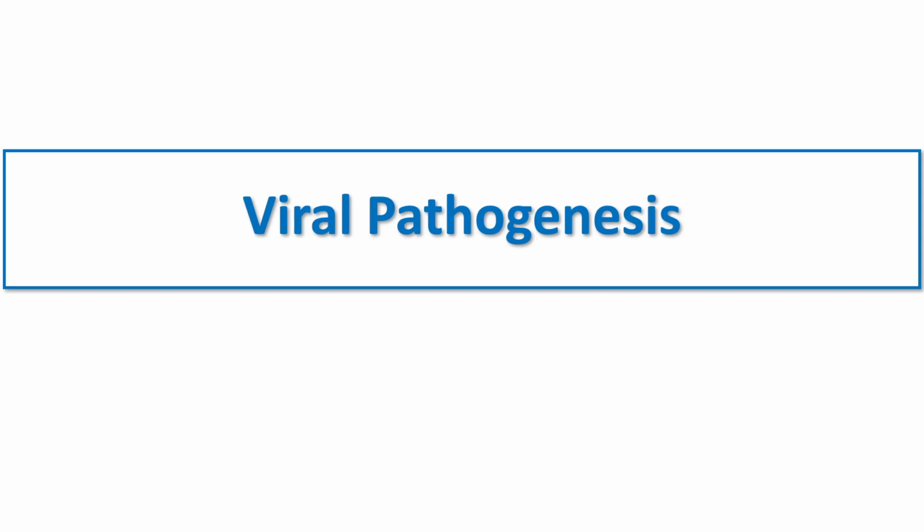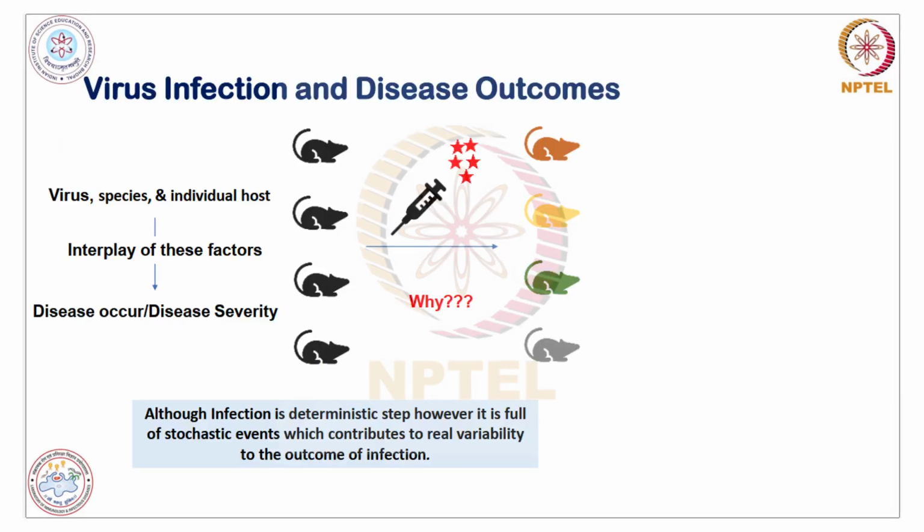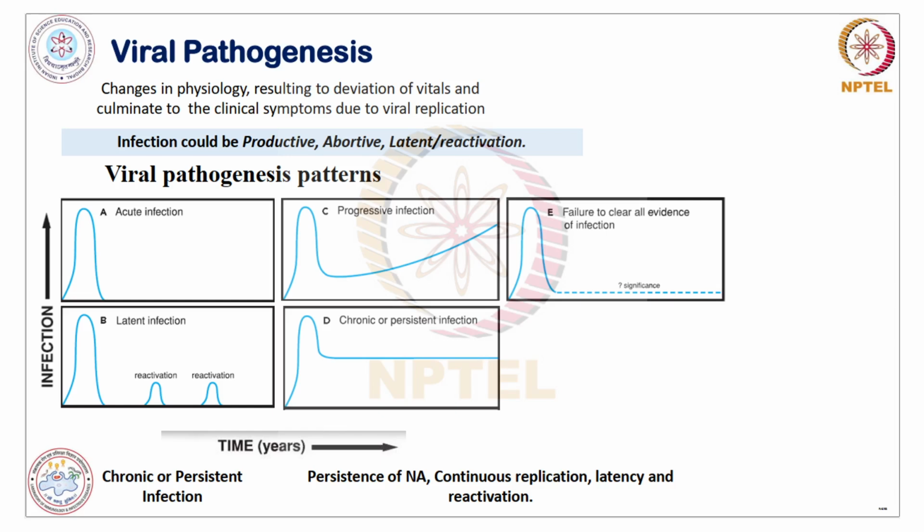So here the antigen and antibody topic ends, and then starts the pathogenesis part, which is viral pathogenesis. So what happens in the case of viral pathogenesis? What is pathogenesis?